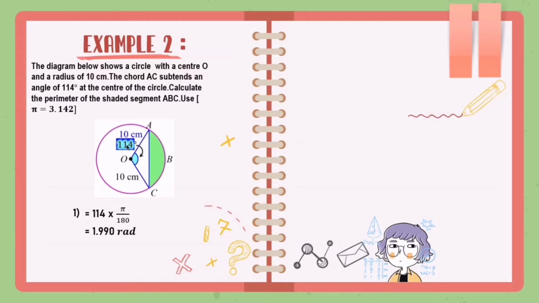If we look overall, in order to find the perimeter of the shaded region, we need to find the length of AC and the arc of ABC. Let's find the arc of ABC first. We need to use the formula S equals r theta. So we will get 19.90 cm for the length of arc ABC.